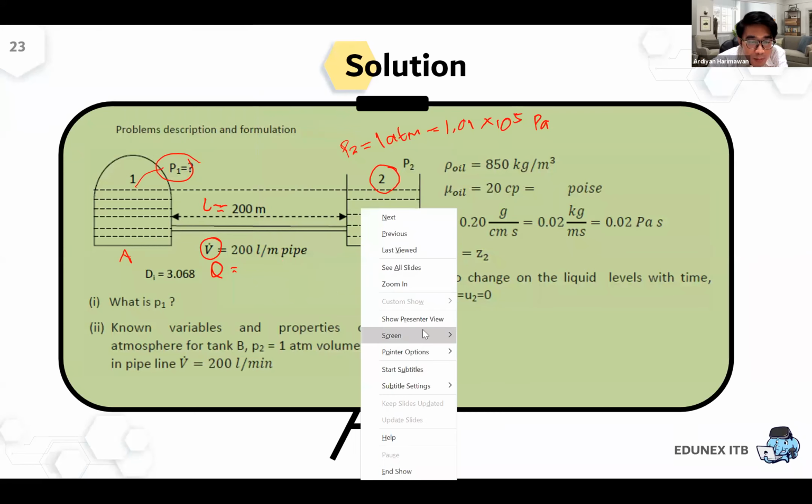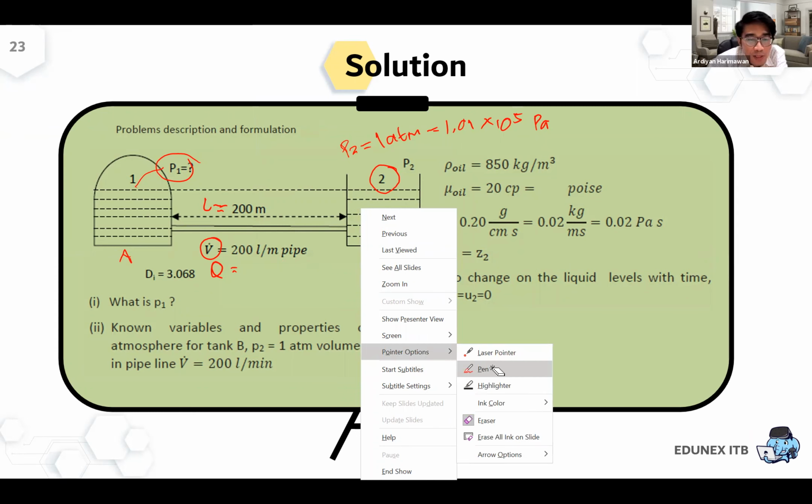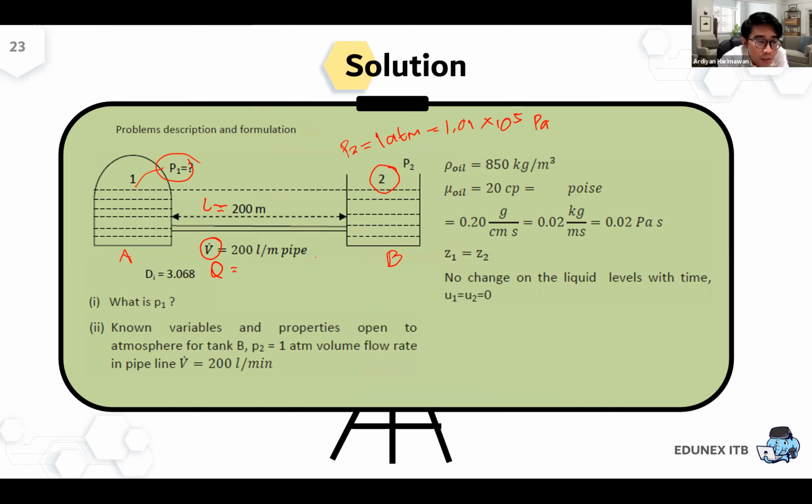Use your pen, paper, and a calculator to help. In standard unit, you have to convert it into cubic meters per second. So how much is 200 liters per minute in cubic meters per second? Please do the calculation; I will not be doing it for you.